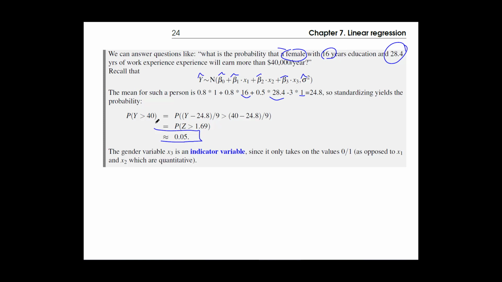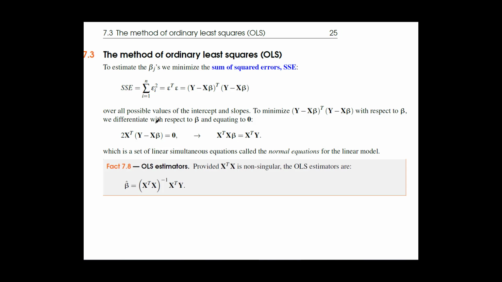Now, the thing is how to estimate these beta hats. And that's with the method of least squares, or ordinary least squares. What we're going to minimize here is the sum of squared errors, or SSE.